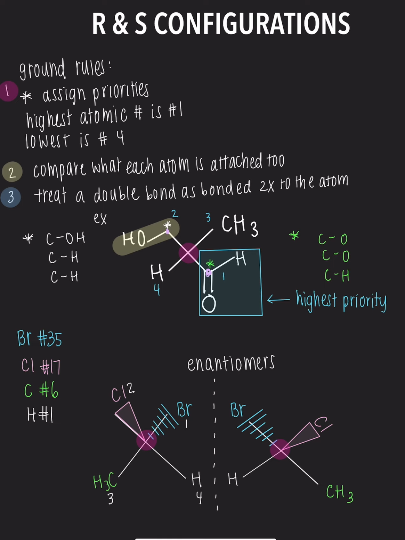So you should get the point, right? To reiterate, compare what each atom is attached to, if that didn't make sense to you. Let's say you have a CH3 versus a CH2CH3.